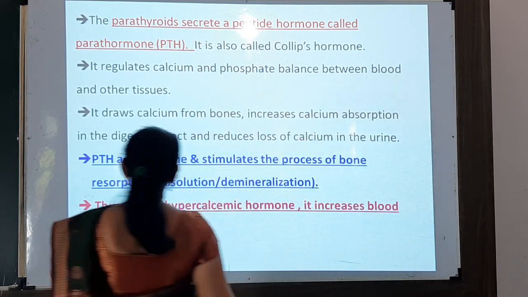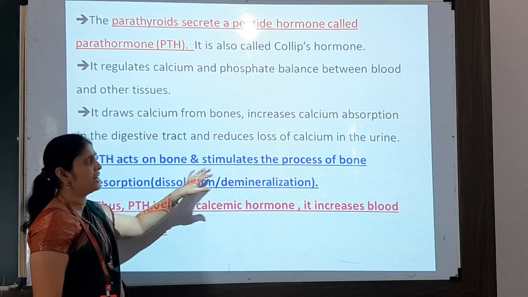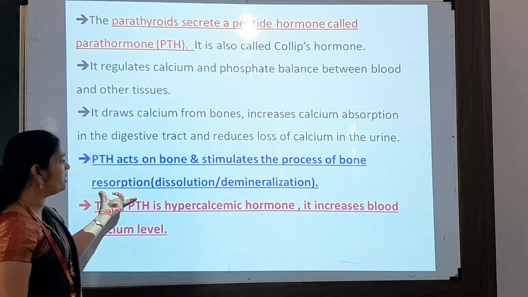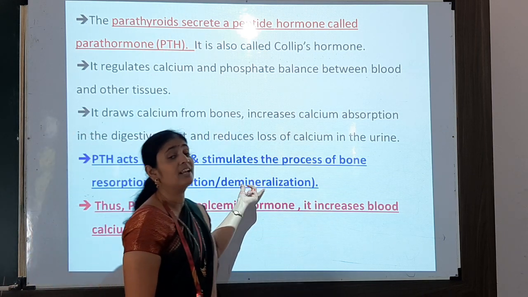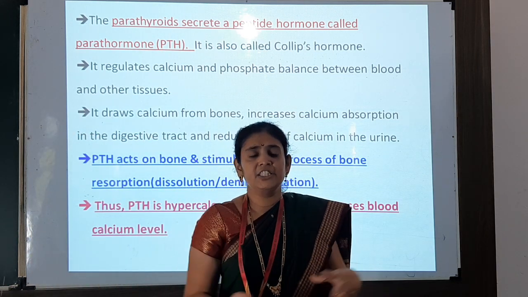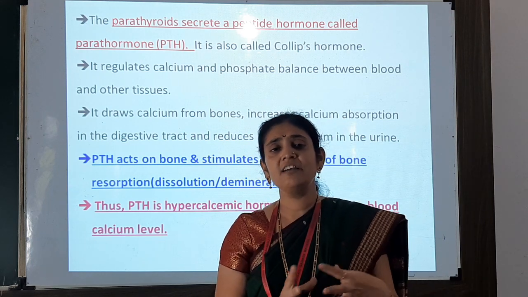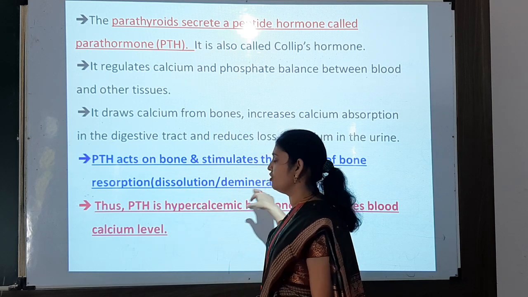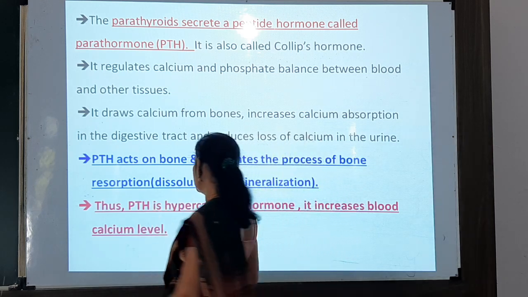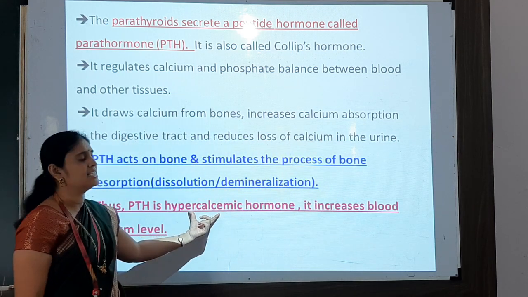So here this PTH acts on bone and stimulates the process of bone resorption, also called dissolution or demineralization, and calcium from bone is released outside, and that is called bone resorption, dissolution or demineralization. Thus PTH is a hypercalcemic hormone.